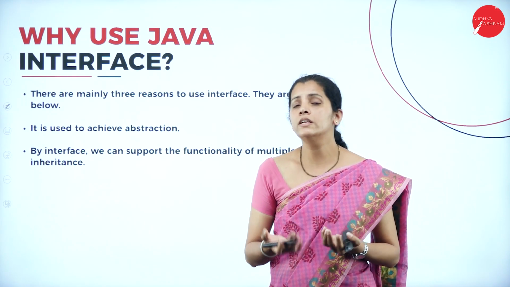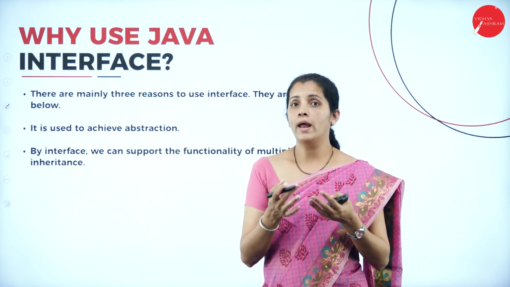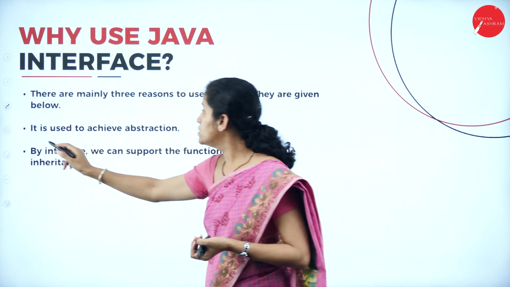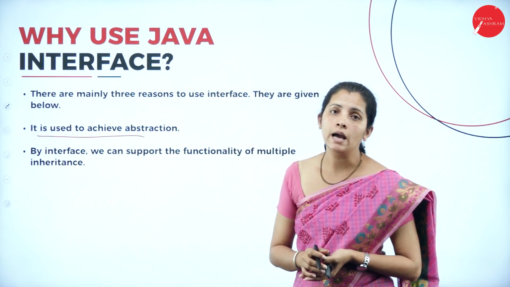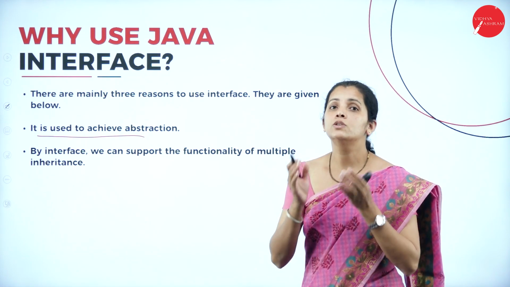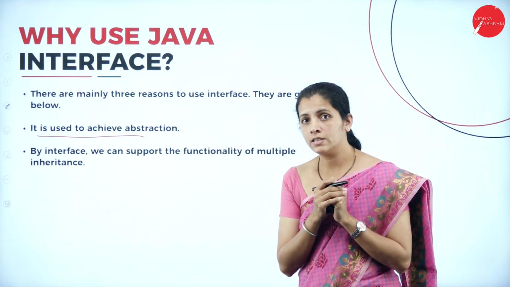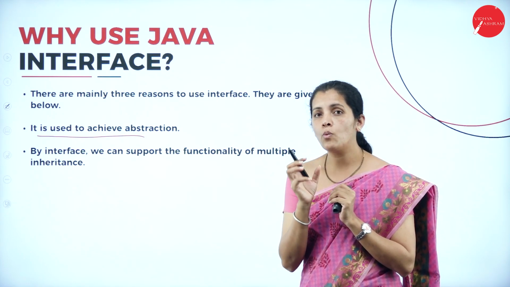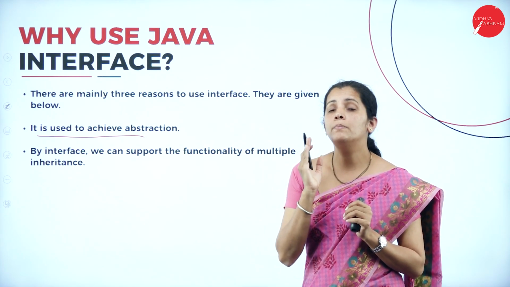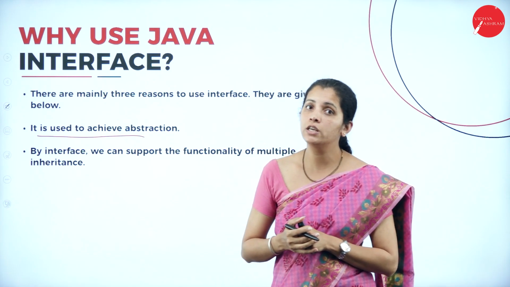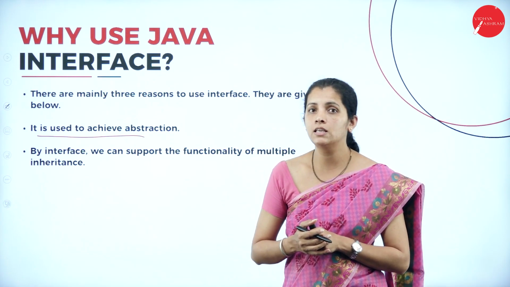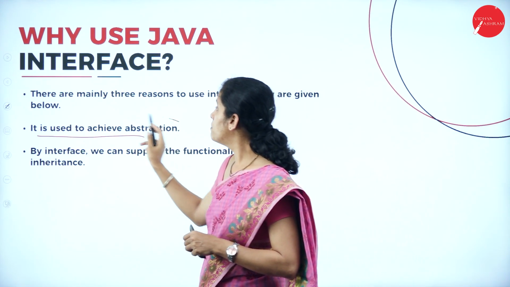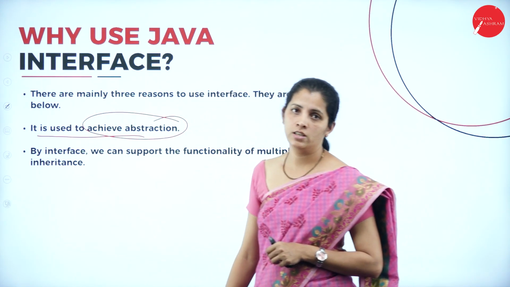Now let me consider why use interface. That means what is the need of using interface when I'm having inheritance. It is used to provide data abstraction. So what is data abstraction? We provide only the basic functionalities to the user, and the rest of the things are hidden from the user, which can be done by using abstraction.